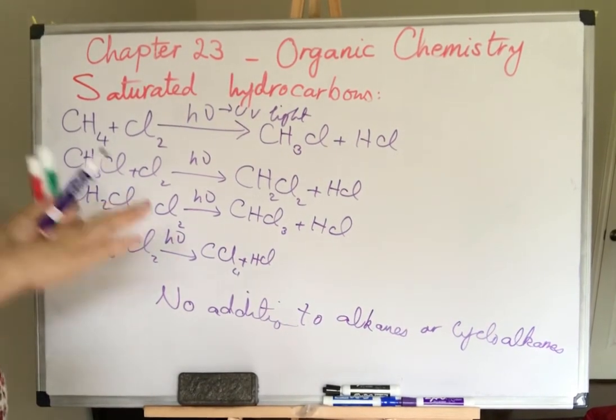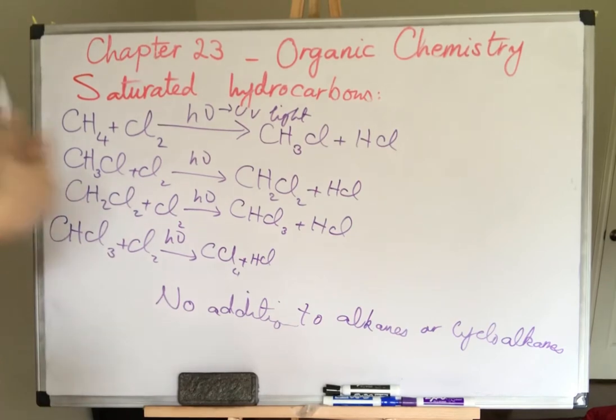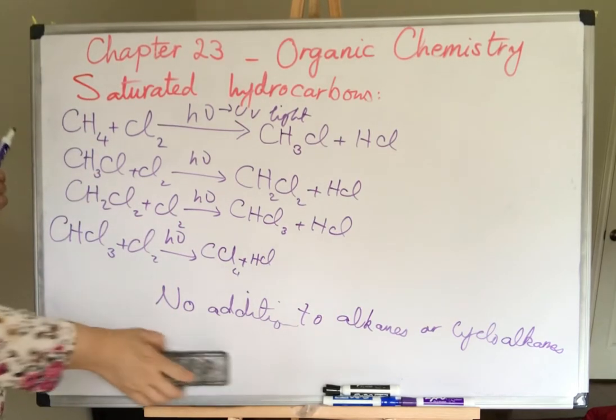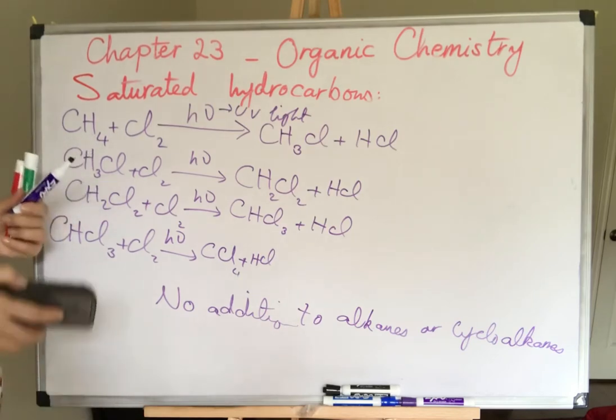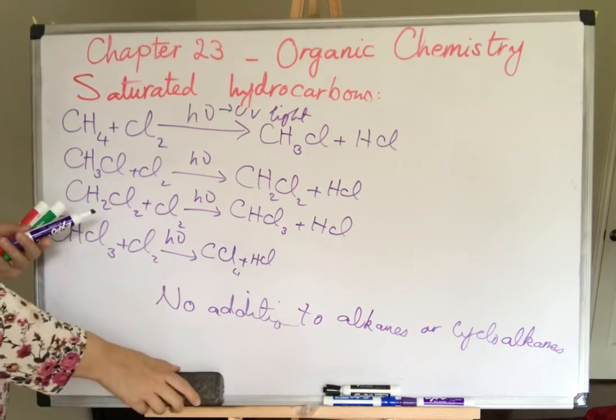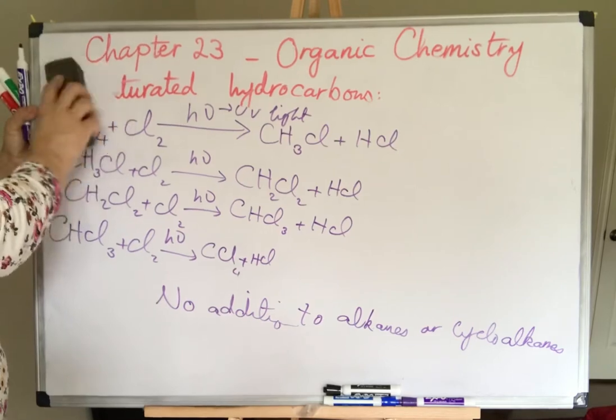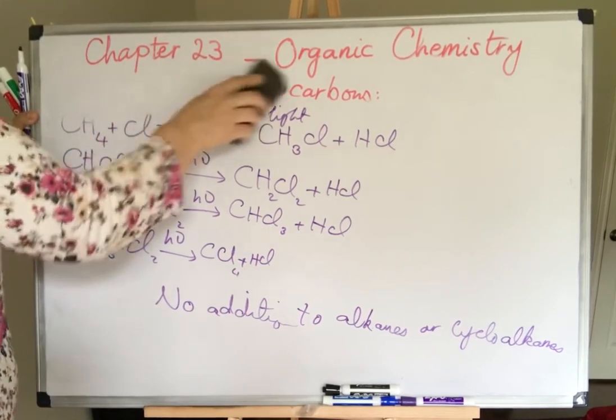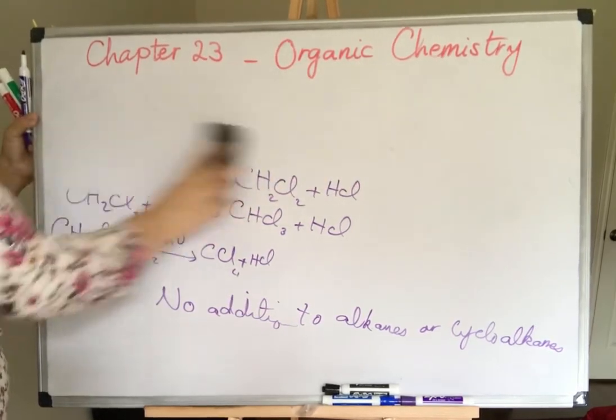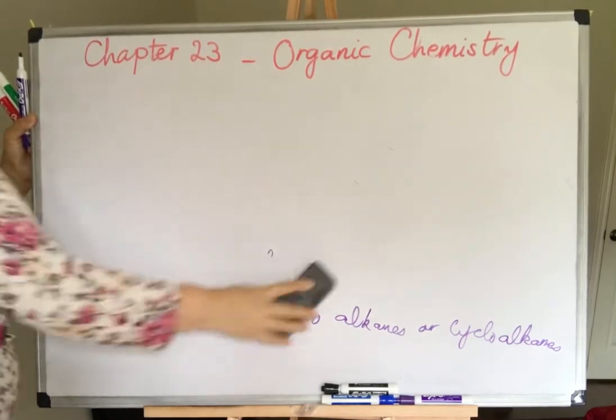Alright, you're done with just the structure of alkanes and a little bit about their reactions. Basically, alkanes, because they are full, they're saturated, they cannot have that many reactions.